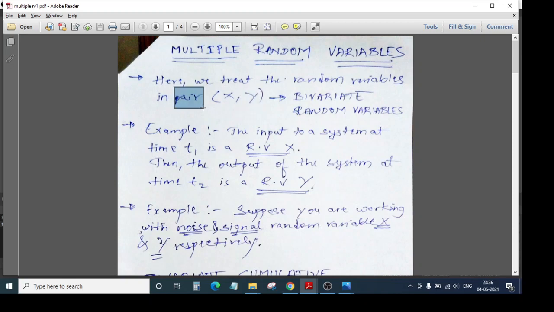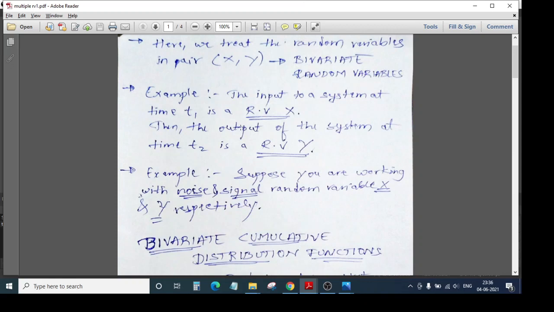Now in the real world, what are the examples of bivariate random variables? Say, for example, we give an input to a system at some time instant, say t1. Then we represent it as a random variable X. So this is our one variable. Similarly, when we give any input, we would also expect an output.